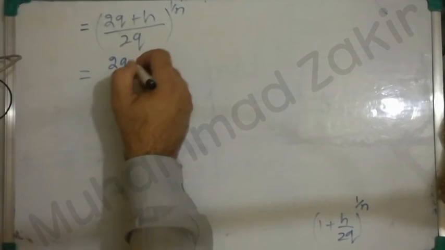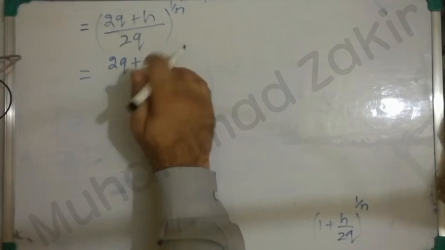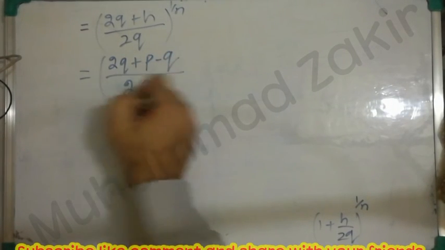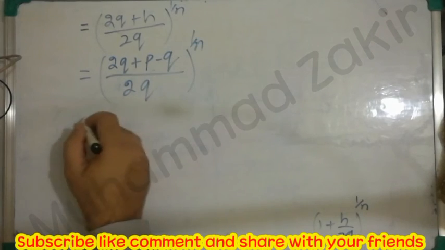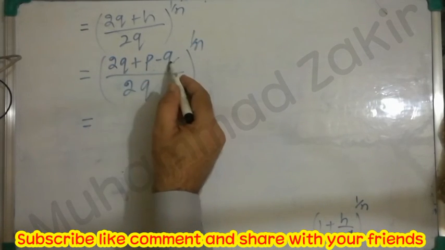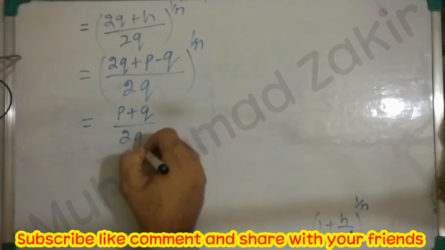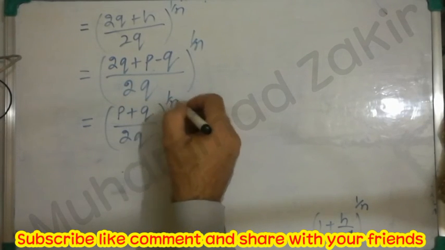Value of h is p minus q by 2q, power 1 by n, and then 2q minus q will be q, so we can see p plus q by 2q whole power 1 by n here.